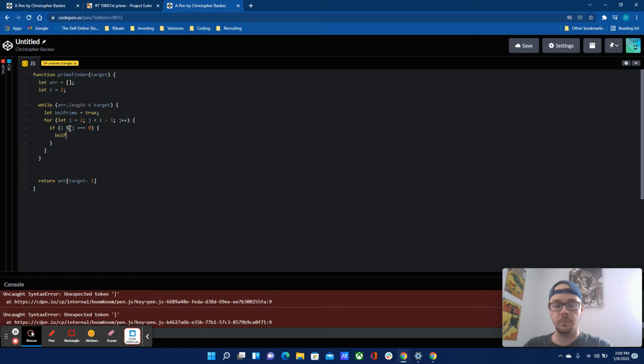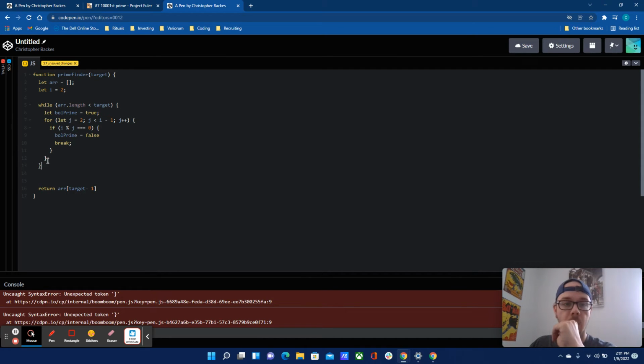Then we're going to set bool prime to false. And we also don't need to check any other numbers after that, so we can just break. The only thing it's going to do is check to see if it's prime. Once it finds out that it's not prime, there's no need to stay in this for loop, so we're going to break.